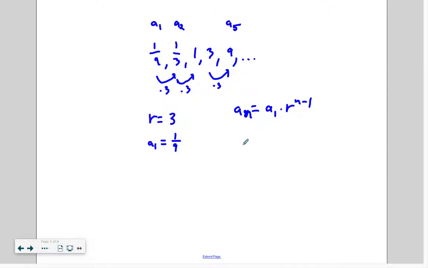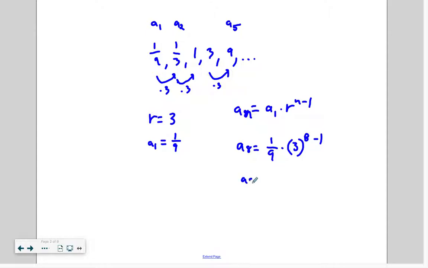So now let's do a sub 8. A sub 8 is equal to a sub 1, which is 1/9, times the common ratio, which is 3, to the n minus 1, but n is 8. So 8 minus 1 is 7.